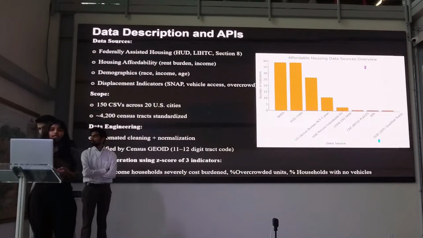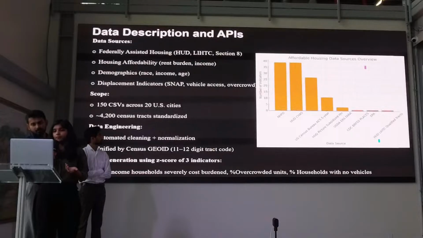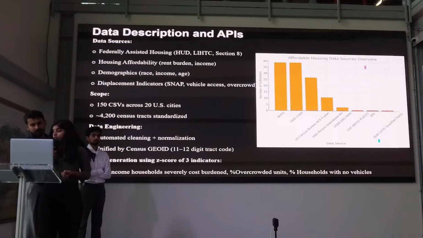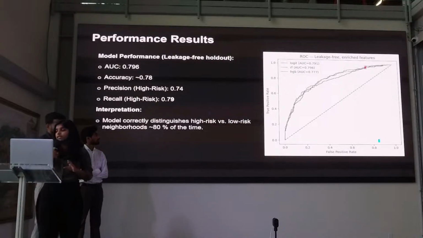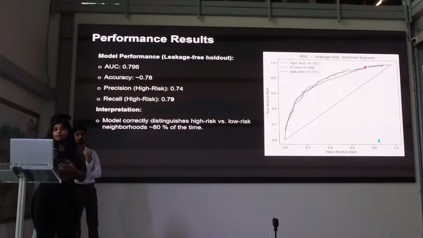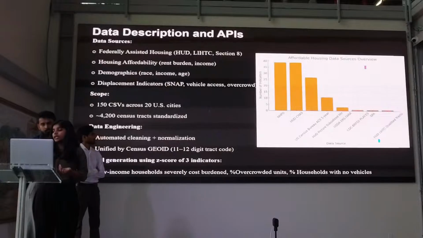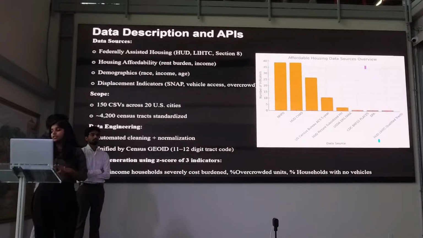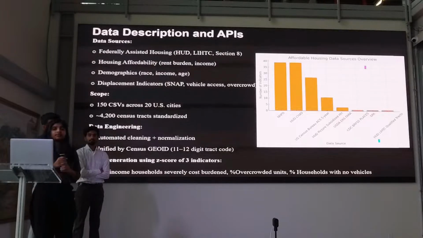The bar chart there shows most of our houses. We also used data from the US Census Bureau, which added important information about income and rent. Other smaller sources like USDA and EPA gave us extra details about environment and community factors.